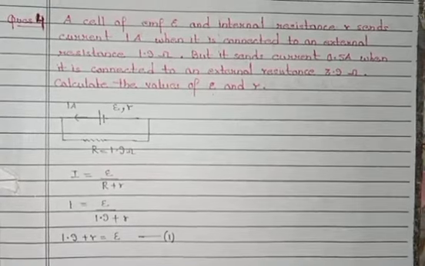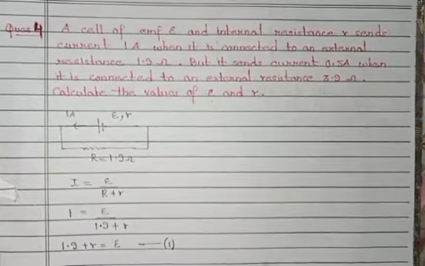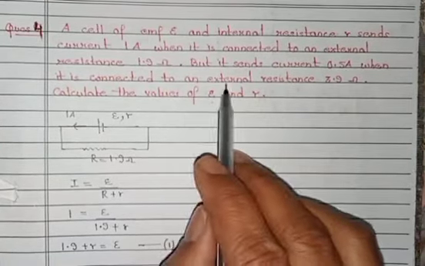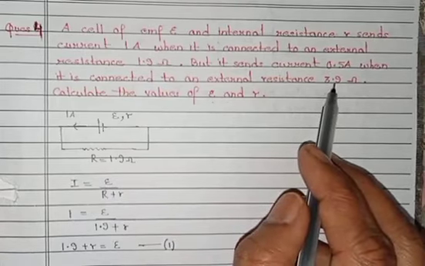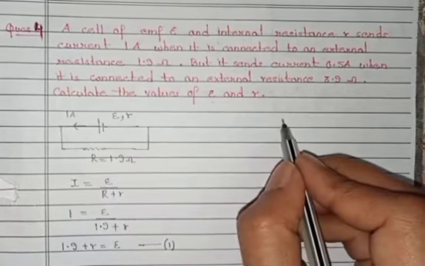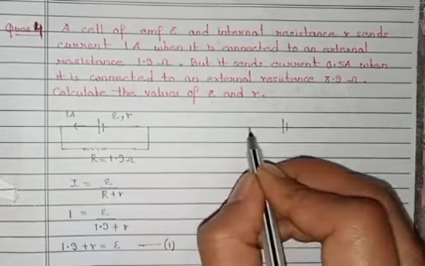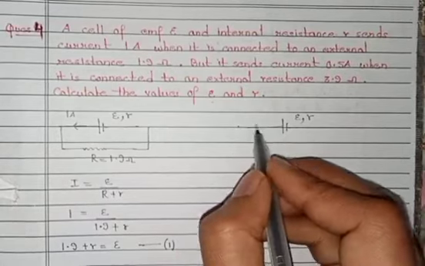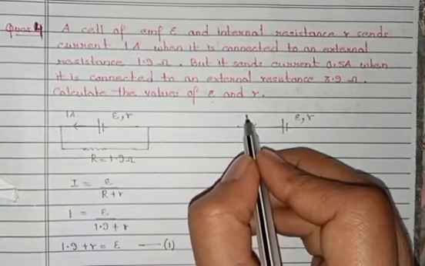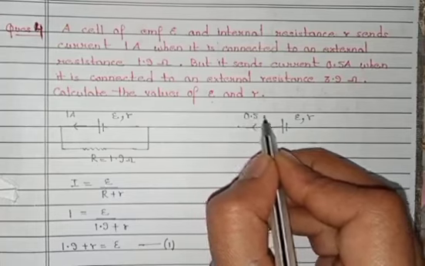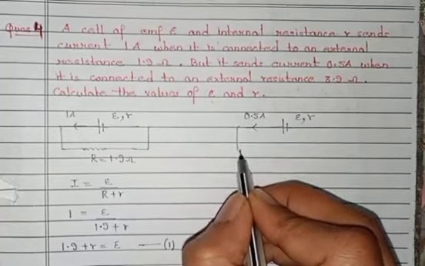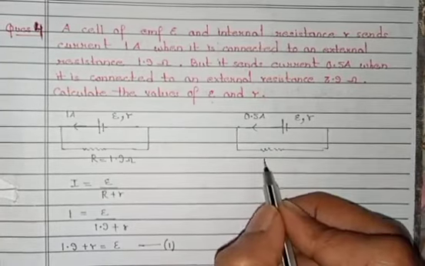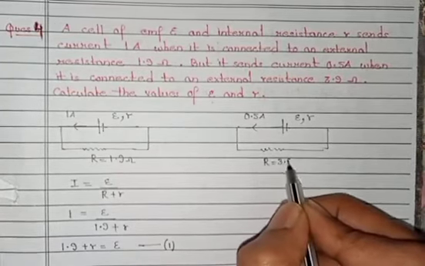Now the second part says the same cell sends current of 0.5 ampere when connected to an external resistance of 3.9 ohm. Same cell. So you can say EMF is unknown, internal resistance is unknown.